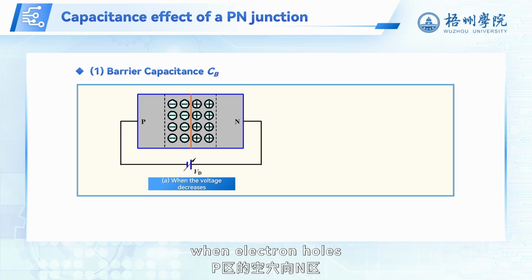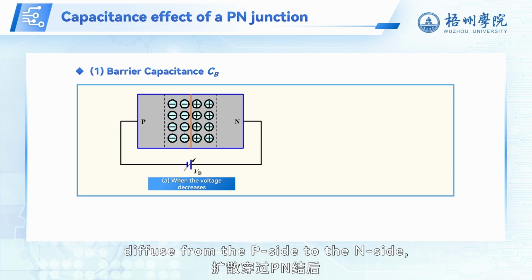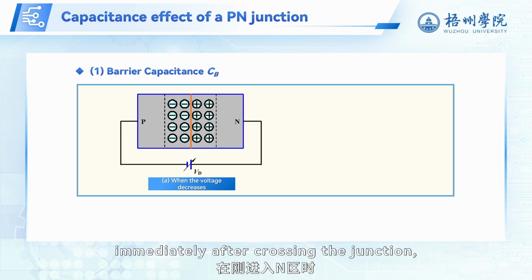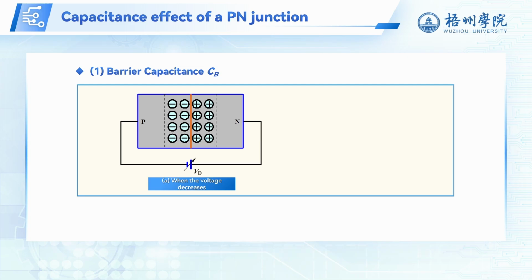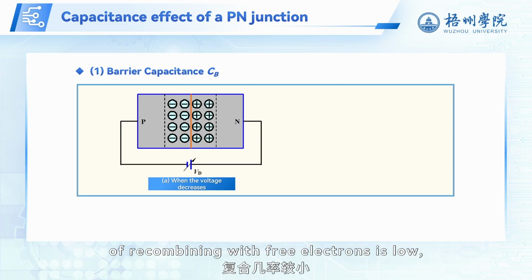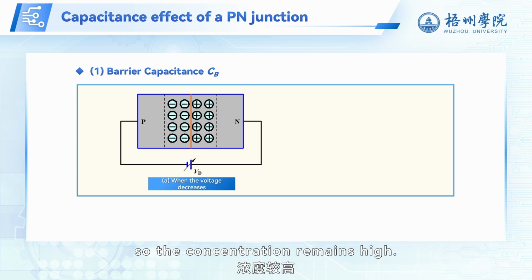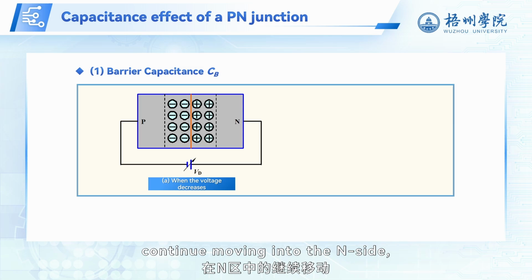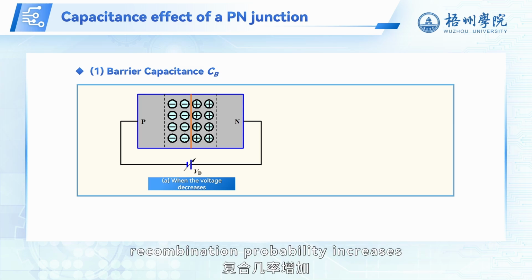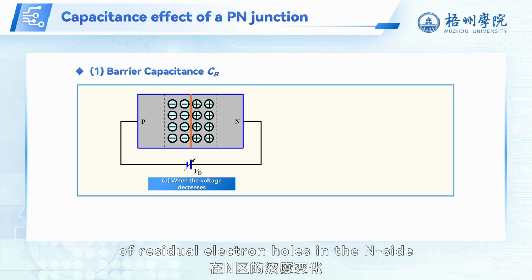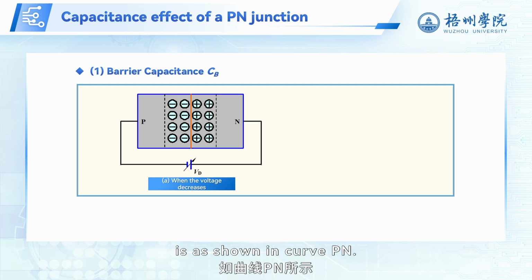For example, when holes diffuse from the p side to the n side, immediately after crossing the junction, the probability of recombining with free electrons is low, so the concentration remains high. As the holes continue moving into the n side, recombination probability increases and concentration decreases. Thus, the concentration distribution of residual holes in the n side is as shown in curve Pn.